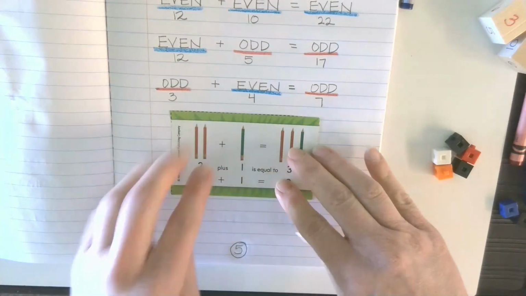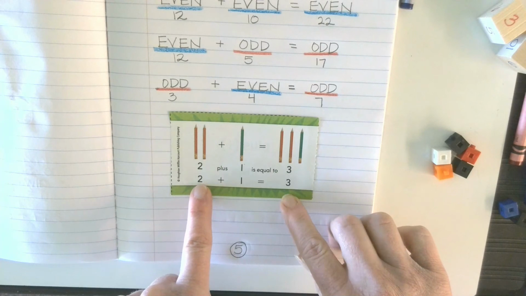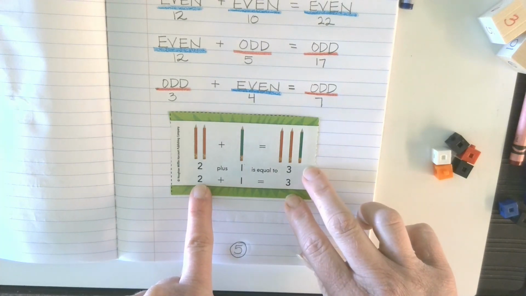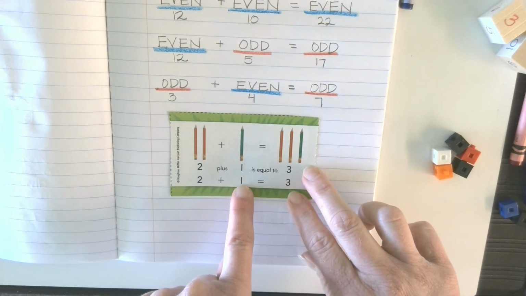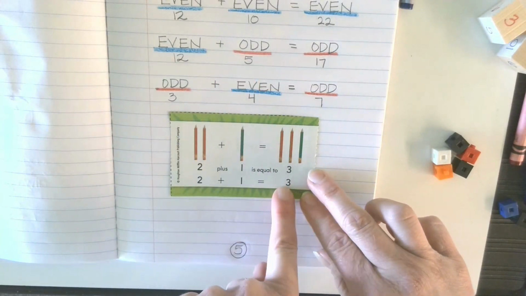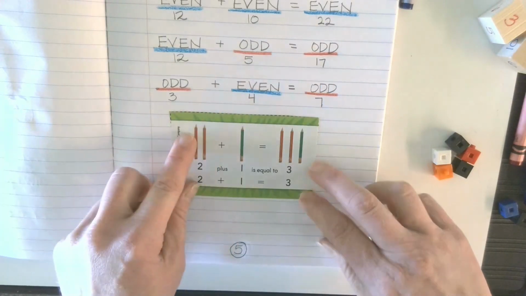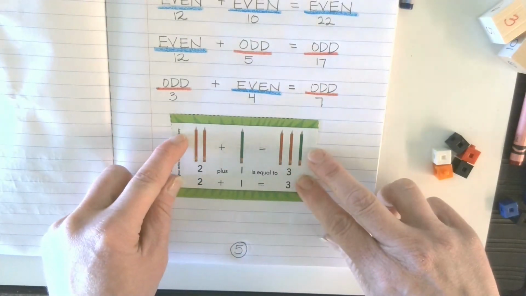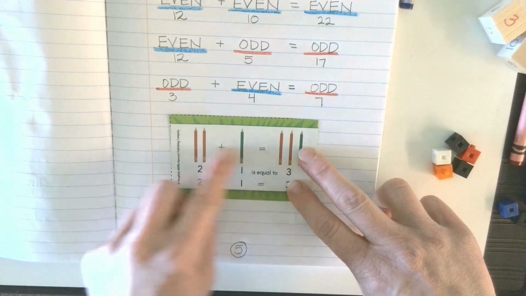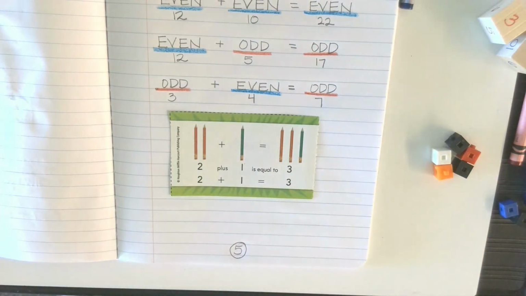But if you look here, we have 2 plus 1 is 3. 2 is even. 1 is odd. Even plus odd. So our sum is going to be odd. Okay. You can go ahead and glue this right in and label it.